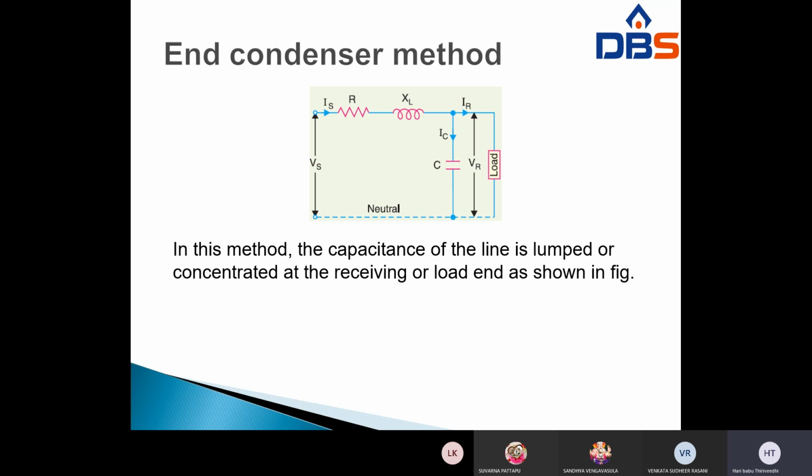There is a considerable error, about 10% error for calculation of voltage drop and efficiency, because the distributed capacitance has been assumed as a lumped network. That's why some percentage error will be there. Next, this method overestimates the effect of capacitance. Because of overestimation of capacitance, more losses occur. Right? This is about the end condenser method.